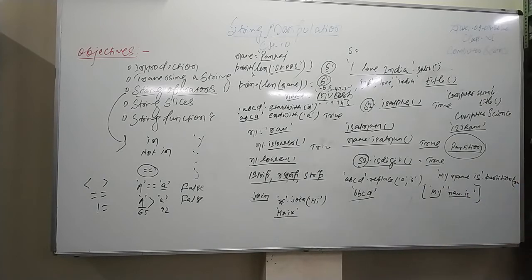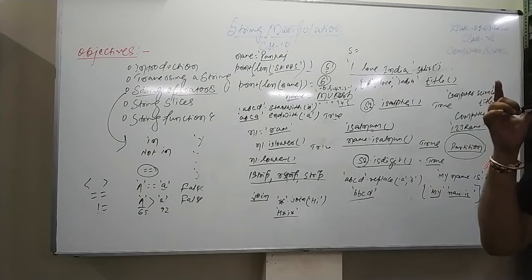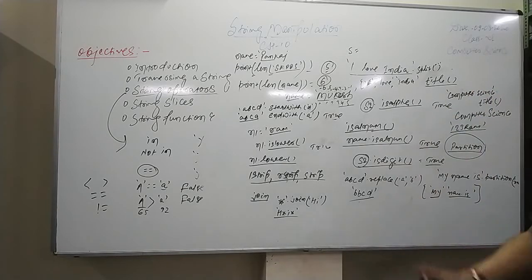And strip returns a copy of the string with leading white space removed. So mind it, leading white space means if initially there is a space, it will simply remove it, that is lstrip. Rstrip removes space from the right side, and strip will remove the leading and trailing space both. Startswith will give you true if any string is starting with a particular alphabet or string that you mention in startswith.